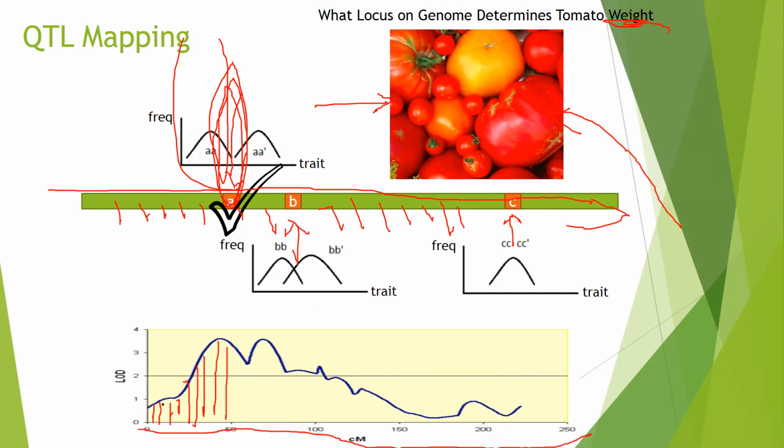At each locus we get a test statistic, and we can draw this plot, and this is the threshold. Any statistic higher than this threshold will be significant. So we can easily scan the genome and identify the genomic region that contains genes responsible for the trait of interest.